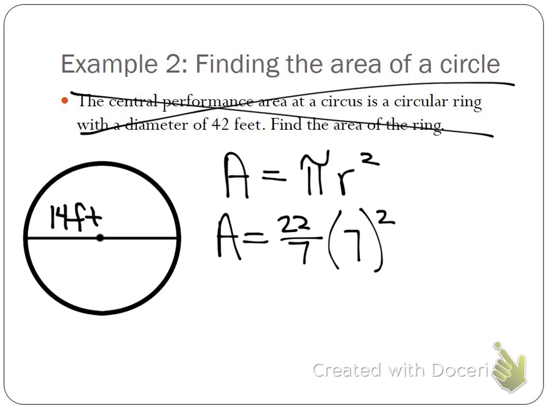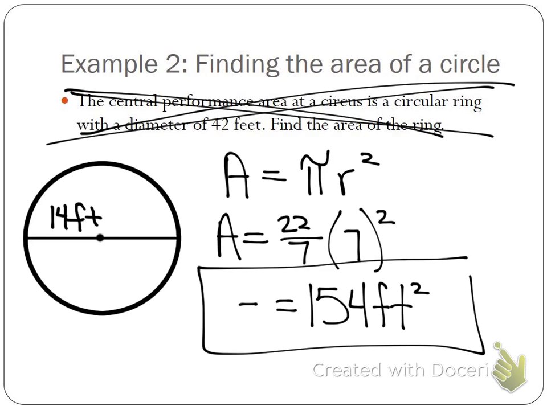Now do I multiply by the fraction or do my exponent? Exponent. A equals 154 feet squared. Now, if you used 3.14, it was a little off, but not much. Yeah, that's fine too. Okay?